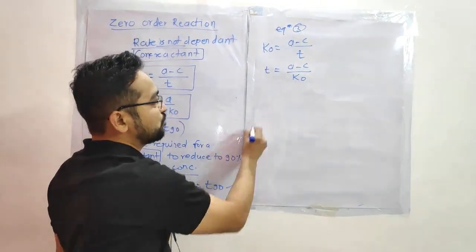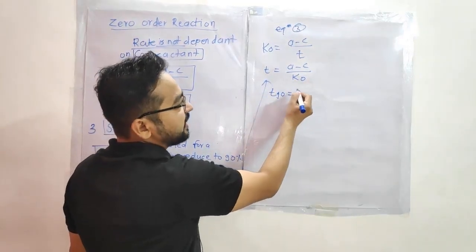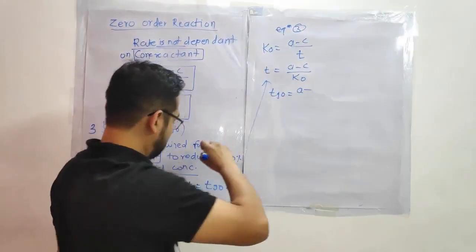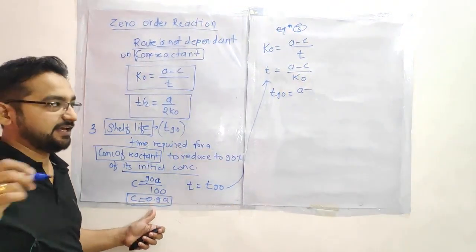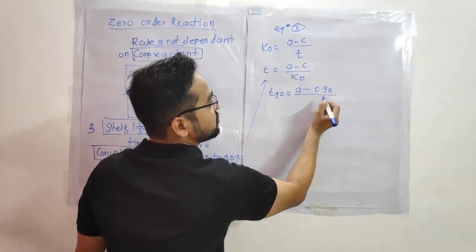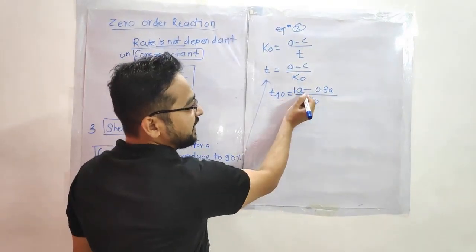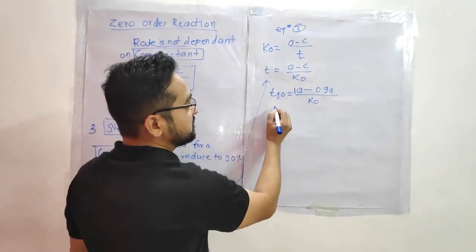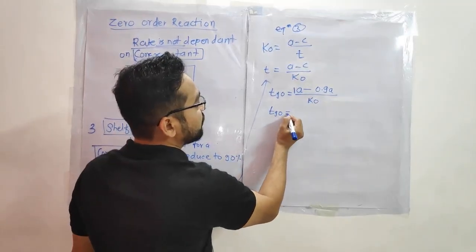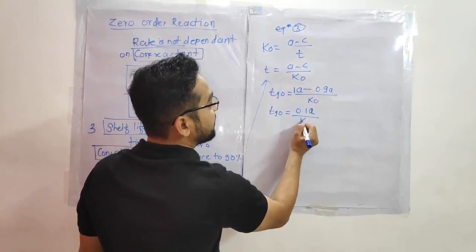Now put this value in your equation. T will become T90, A will remain as such, C will become 0.9A, a 90% reduction of the initial concentration, and k0 will remain. Now this is 1A minus 0.9A. How much remains? 0.1A divided by k0.